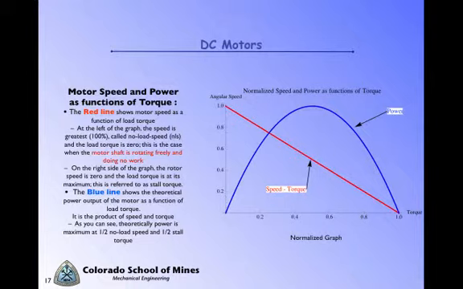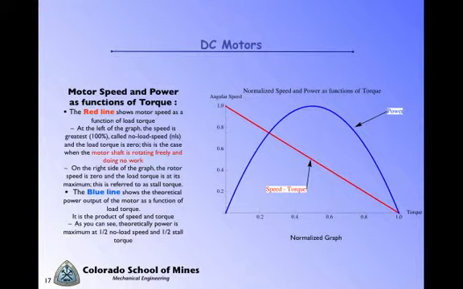Speed as a function of torque. Torque is on the x-axis, and speed is on the y-axis. And so what happens is that as the torque, load torque, is changed as seen by the motor, its speed changes.